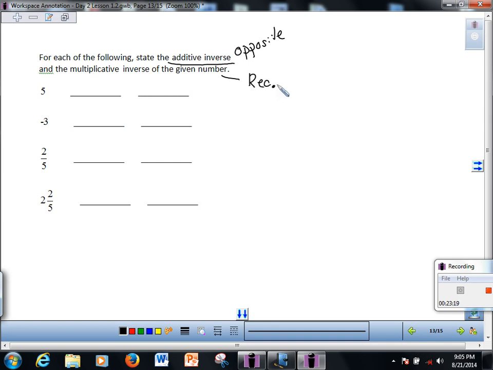Okay. Well, the additive inverse of 5 is just the opposite of 5, -5. The multiplicative inverse is the reciprocal of 5, 1/5. The additive inverse of -3 is +3. The multiplicative inverse of -3 is its reciprocal, -1/3.